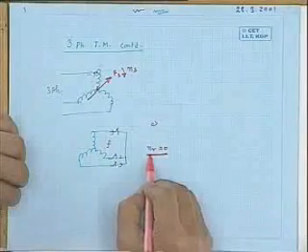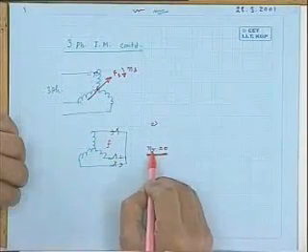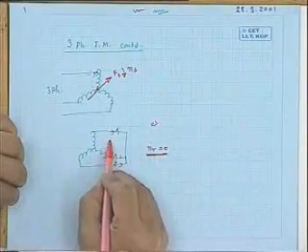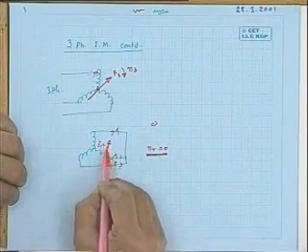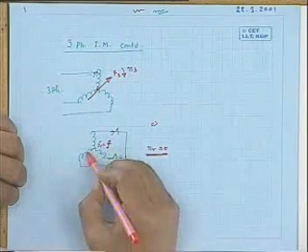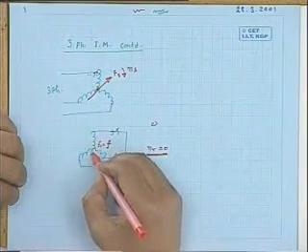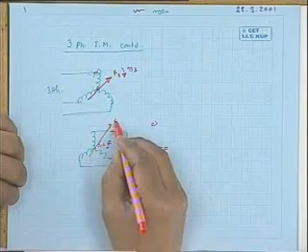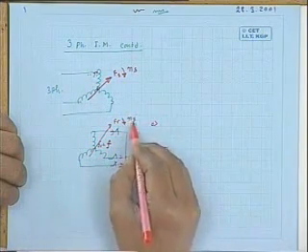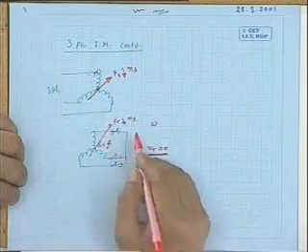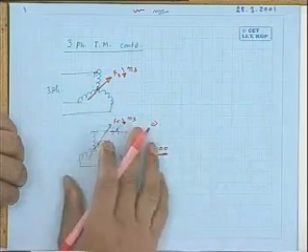But the point I want to tell is, whether the machine is at stationary condition, suppose nr equal to 0, then what is the frequency of the rotor current? Rotor current frequency is f, the supply frequency. And what will be the field of the rotor? The rotor field, if I call it Fr, will also be moving; the mechanical speed will be ns, because the number of poles is the same, ns, the same speed, in the same direction.